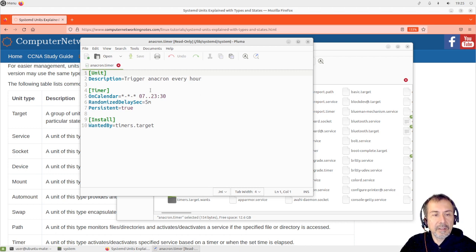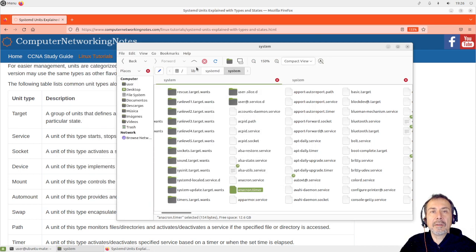So, for example, this timer specifies, using a format, when it needs to be run, with some random delay, and it is persistent. So timers represent actions that will be done at certain times in the system.